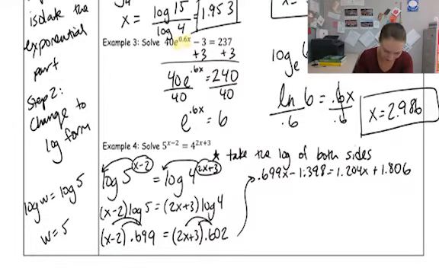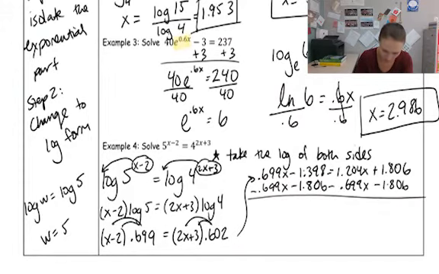I'm going to get my x's together by subtracting 0.699x. I'm going to get the other pieces to the other side of the equation.